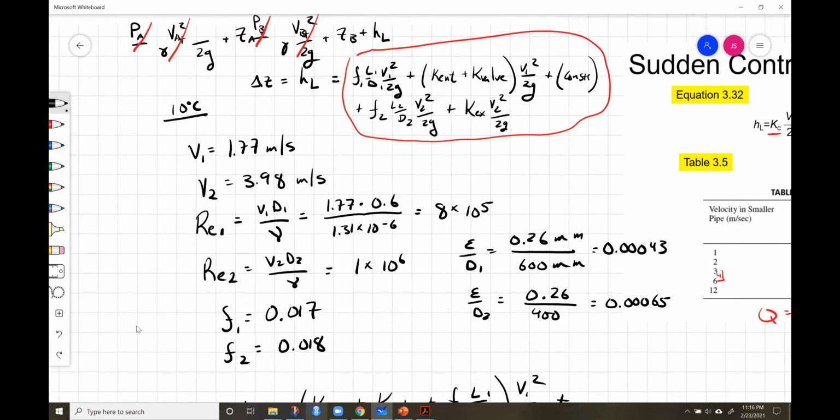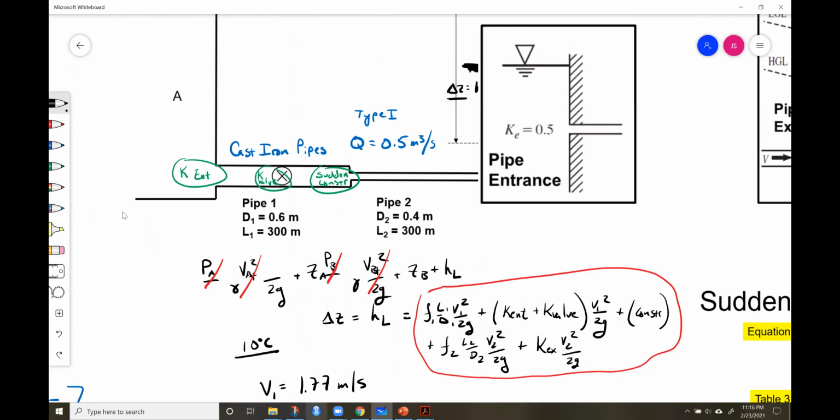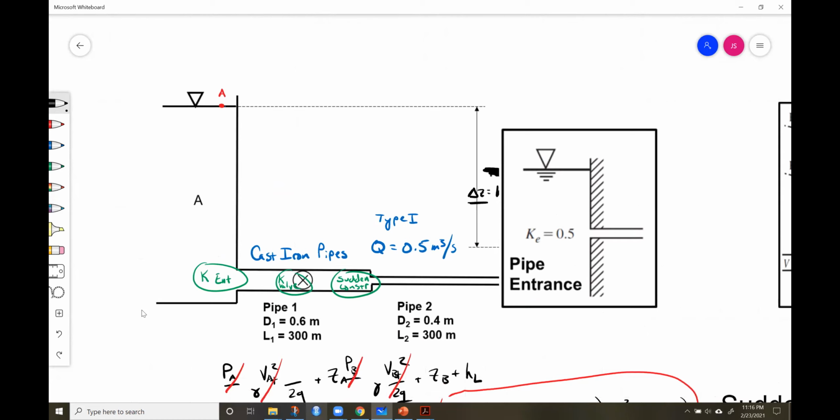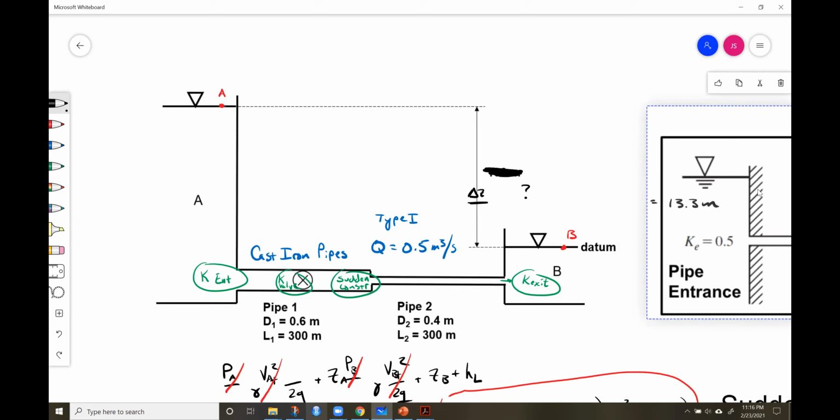So now we can go back up and say delta z is equal to 13. All right, and we'll get that entrance one out of there. Good job.